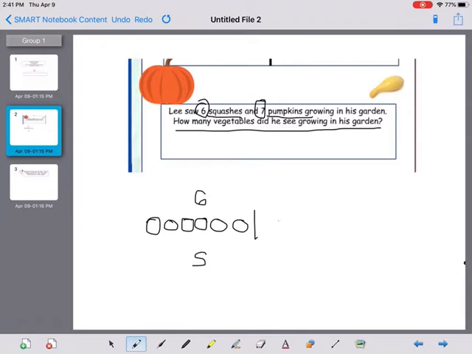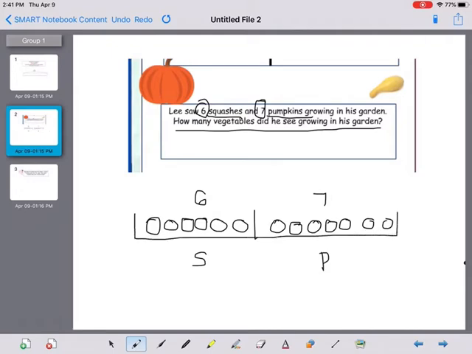The other part will be 7. 1, 2, 3, 4, 5, 6, 7. Here that represents 7 pumpkins. This is the labeling part of your drawing step. Okay, guys? Once you do that, remember we box it to show that tape diagram.